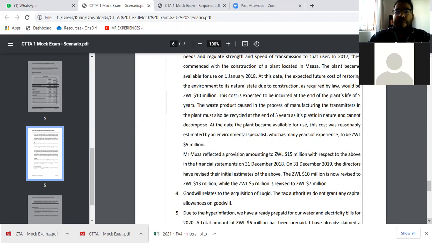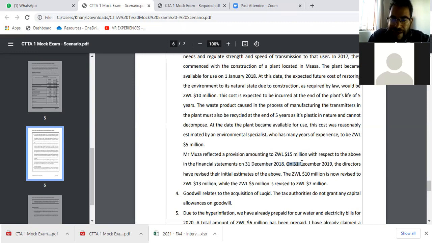Then each year there will be interest on that provision, so you'll recognize debit interest expense, credit provision. So therefore, at 31 December 2018, we can't have 15 million for a provision. We need to have more than 15 million because we must recognize interest expense on that 15 million. So that amount is incorrect. Okay, so just take note.